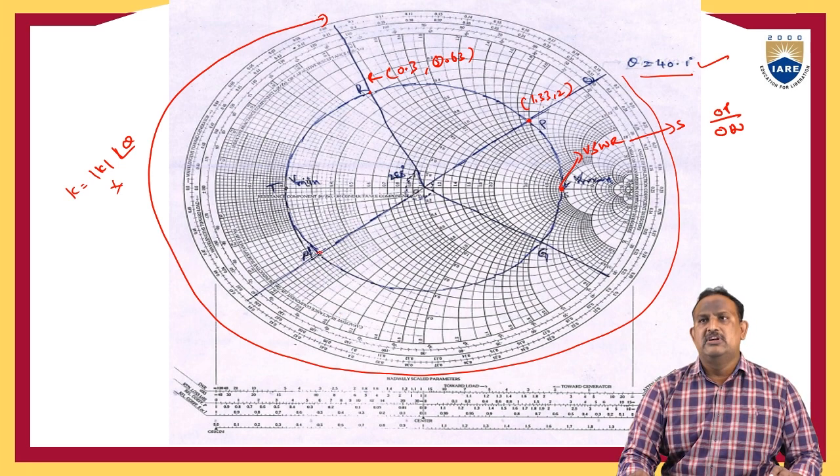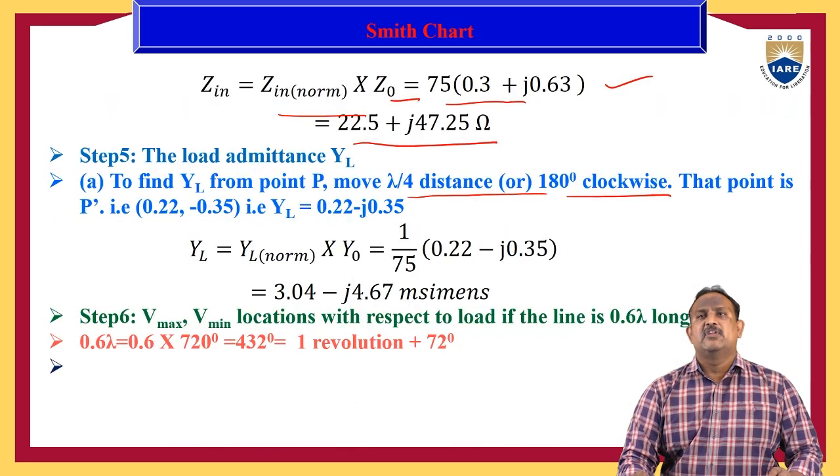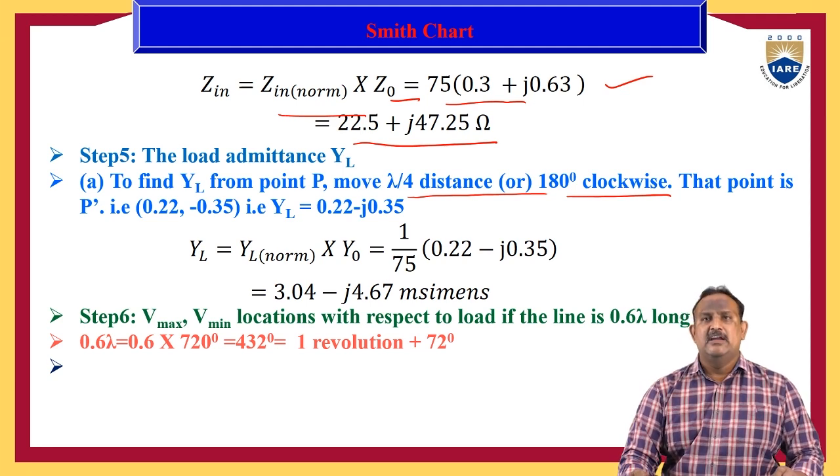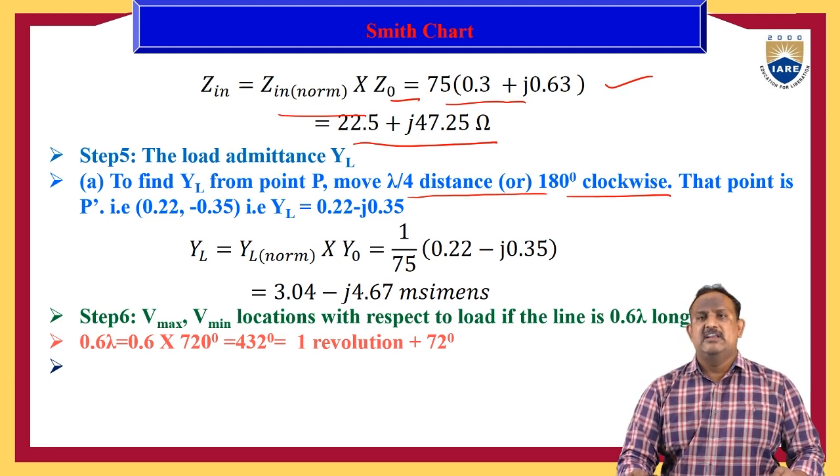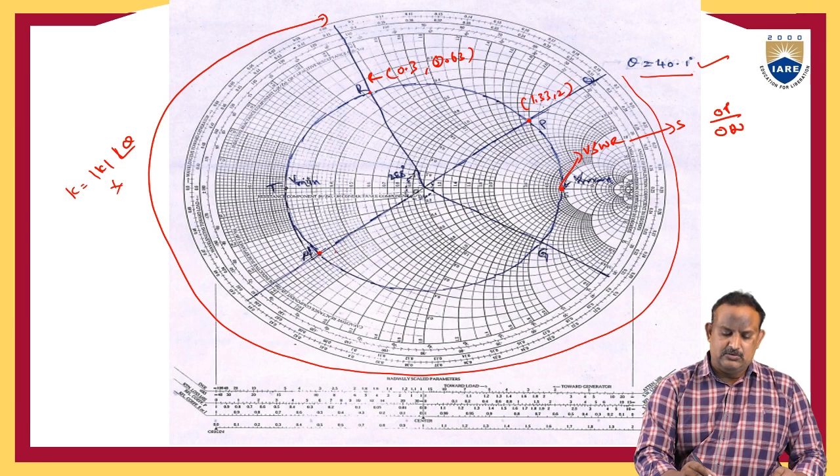The coordinates of the point P dash are 0.22 minus j0.35.